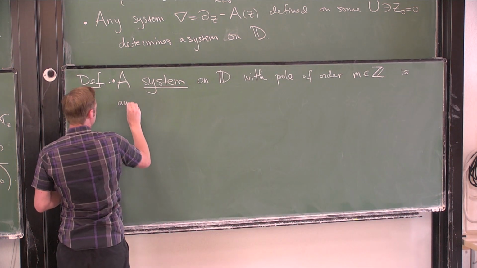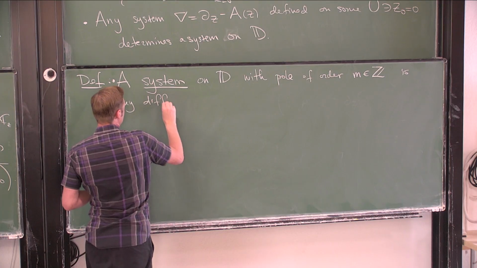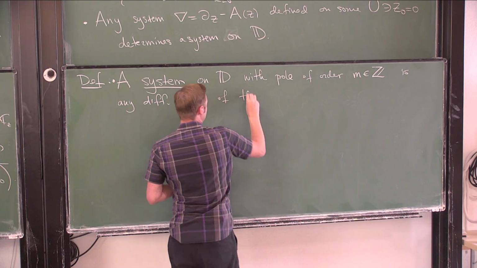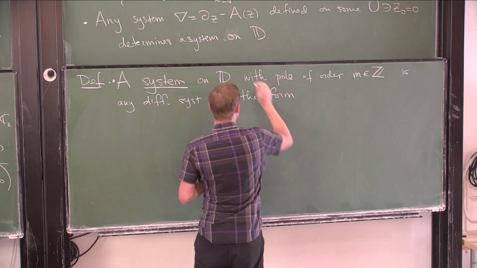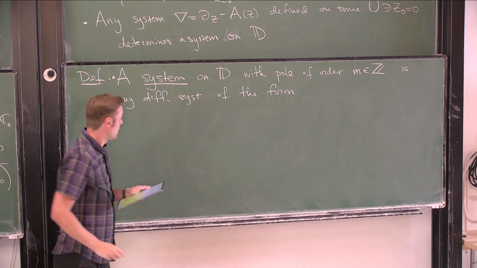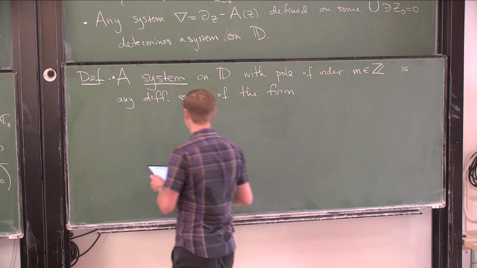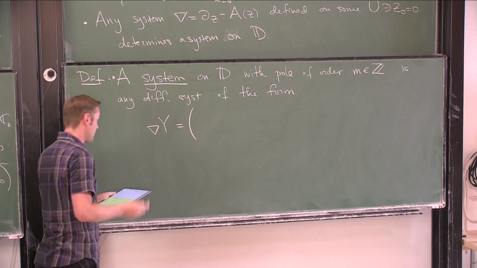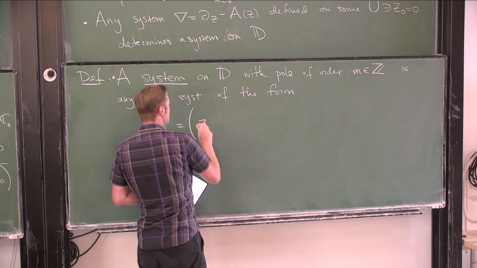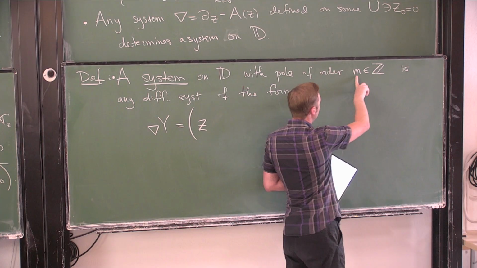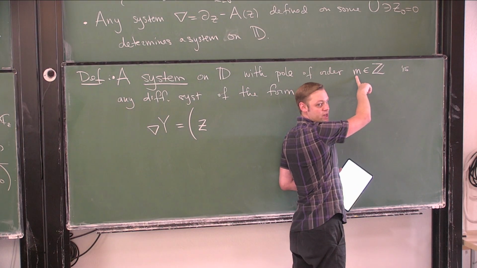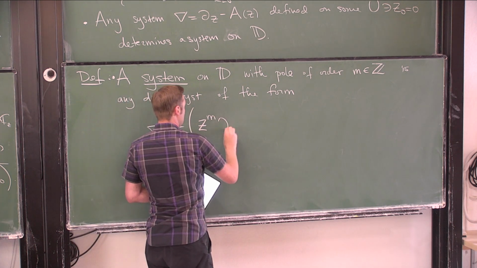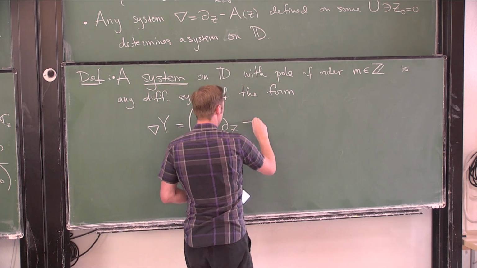Any differential system of the form, and I'll write it in a slightly different form like this. Nabla applied to y. So I'm going to change my differential operator. I'm just going to take this pole, potentially a pole of order m, and I'm just going to multiply through by z to the m. I'm just going to write it like this.